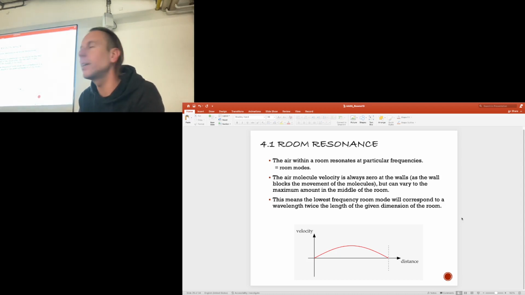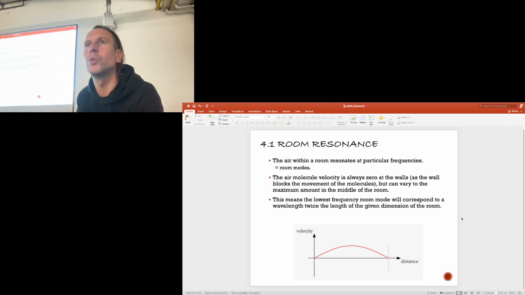Okay, in fact, there is a measure of a room, a frequency, which separates the range where the room behaves as a resonator from the spectral range where it starts to behave like a reflector or a diffuser.